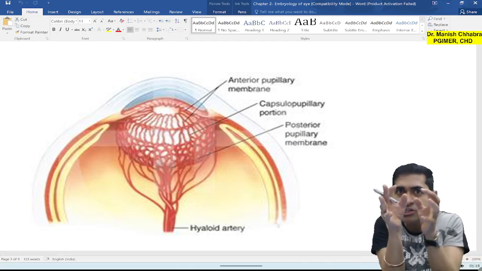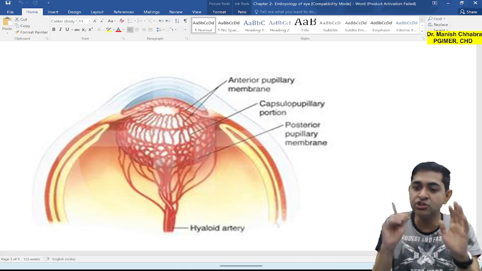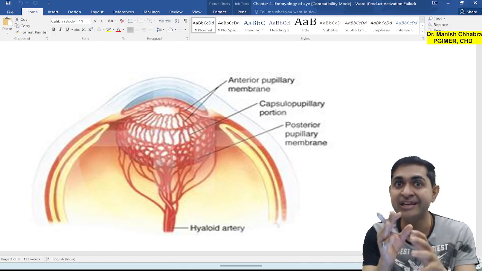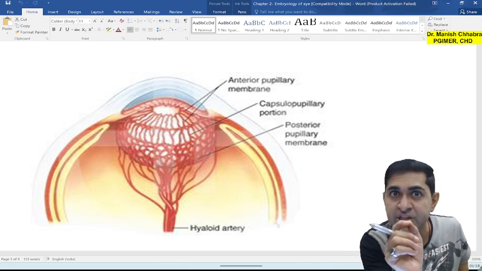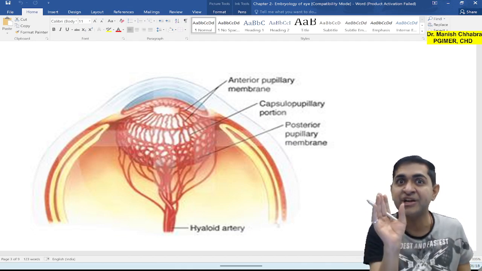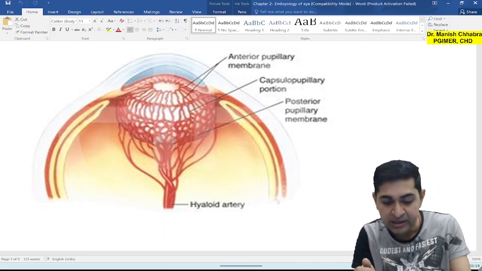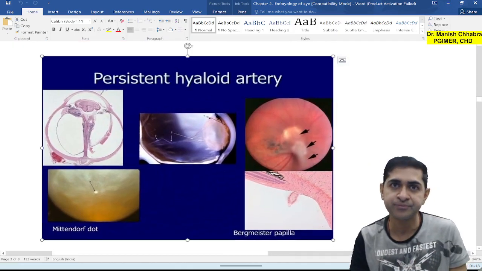So it is completely surrounding the lens so that the lens is able to attain the nutrition during its development. But this hyaloid artery later regresses. In some patients, it fails to regress. Then there is a problem. What problem is there? I am going to show you the pic, then we will write.